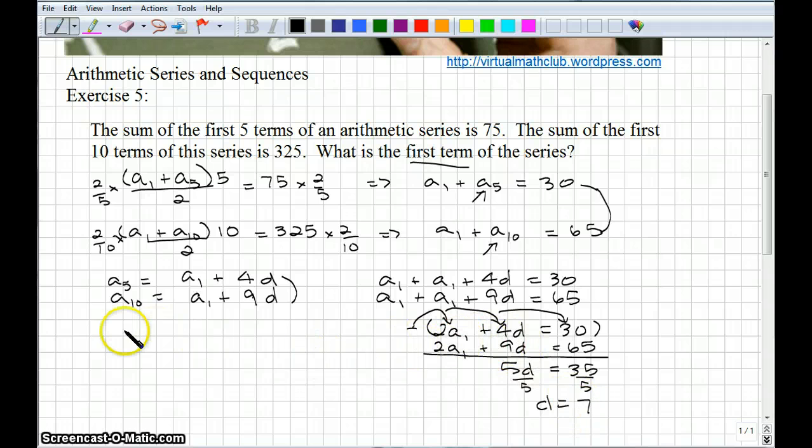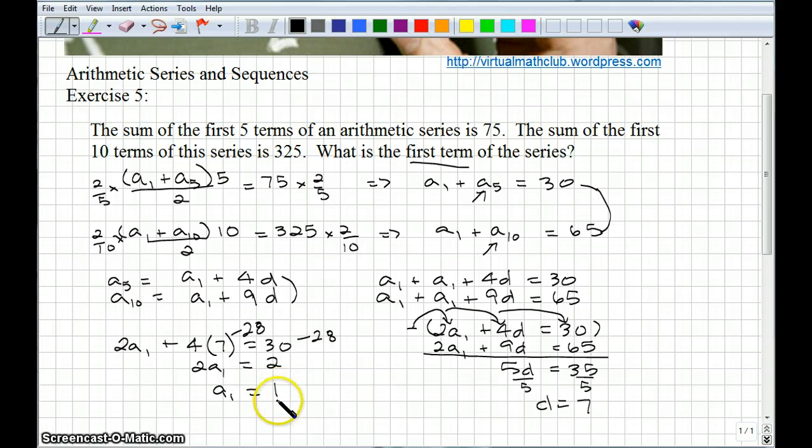Let's take the top one: 2a1 plus 4d, substituting 7 for d, is equal to 30. 7 times 4 is 28, so I subtract 28 from both sides, and I end up with 2a1 is equal to 2. Dividing both sides by 2, a1 is equal to 1. Pretty cool. We got it. That is the first term of the series.